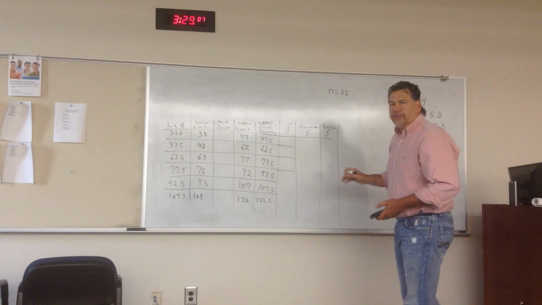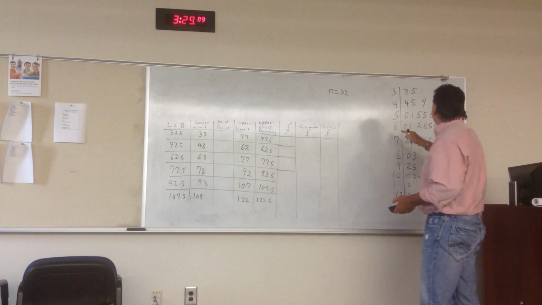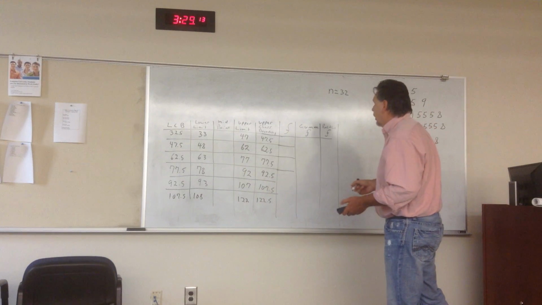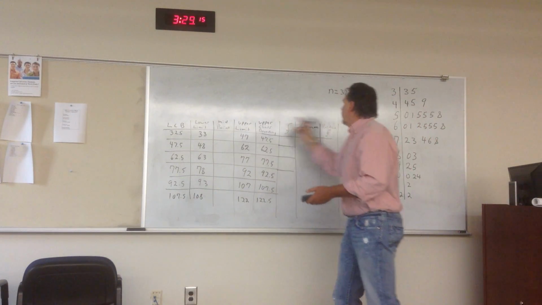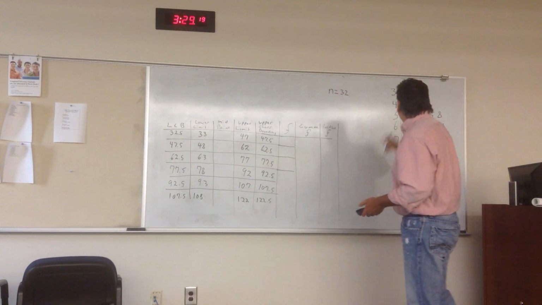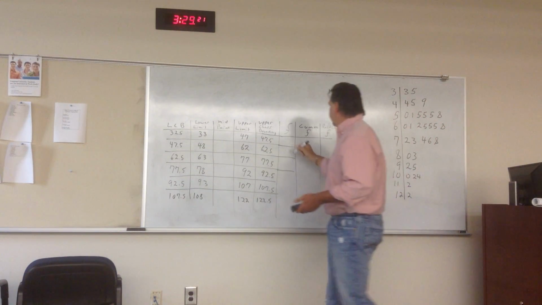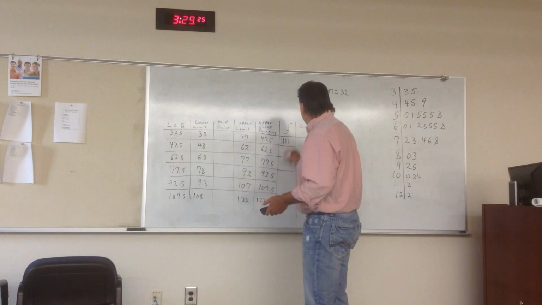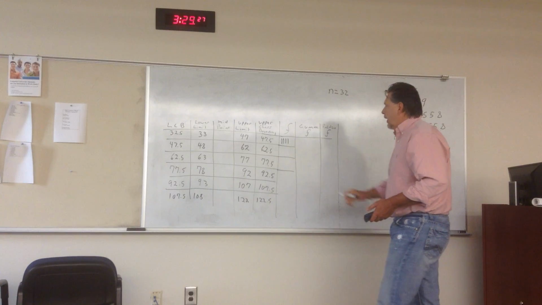So from 33 to 47, I'm looking at 1, 2, 3, 4, because 49 is bigger than 47, so I'll stop there. So I have 4 data points in that class.